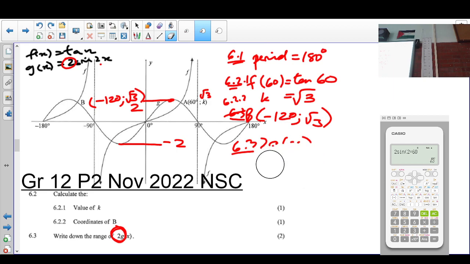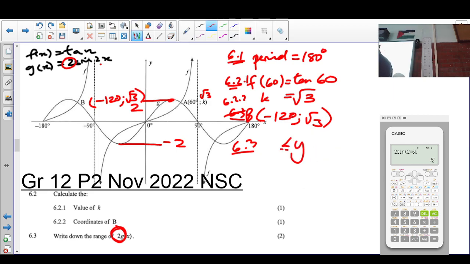But have you answered the question? To answer the question, the range of this graph is y is greater than or equal to negative 4, but less than or equal to 4. Again, what is the range? The range is all possible y values.